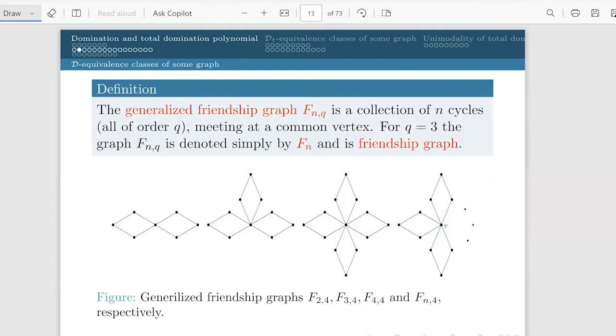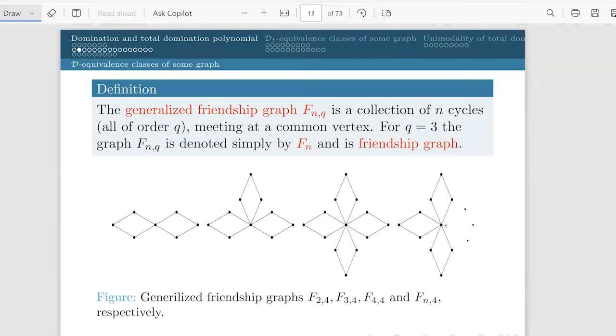Let me give some examples. You know the generalized friendship graph, denoted by F_{n,q}, is a collection of n cycles of order q meeting at a common vertex. For q = 3, we call this generalized friendship graph the friendship graph. You see here a figure showing generalized friendship graphs.